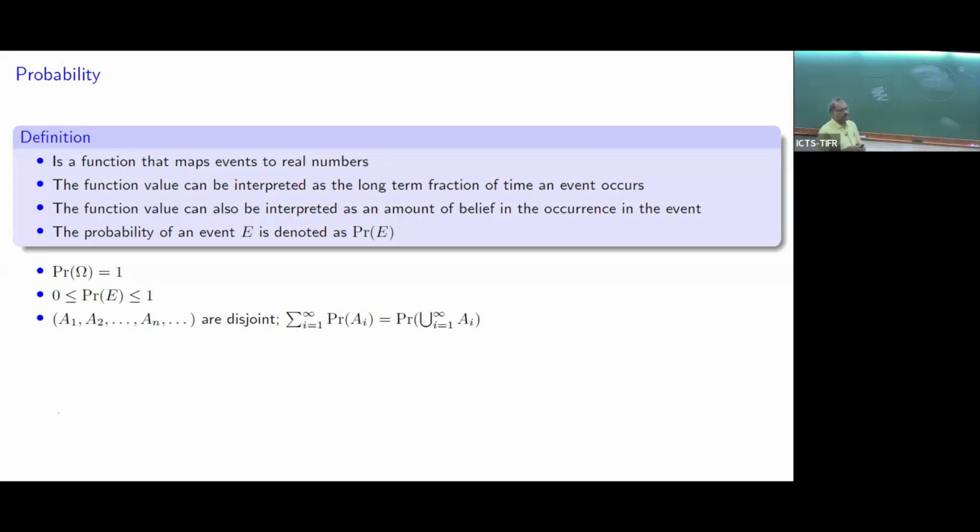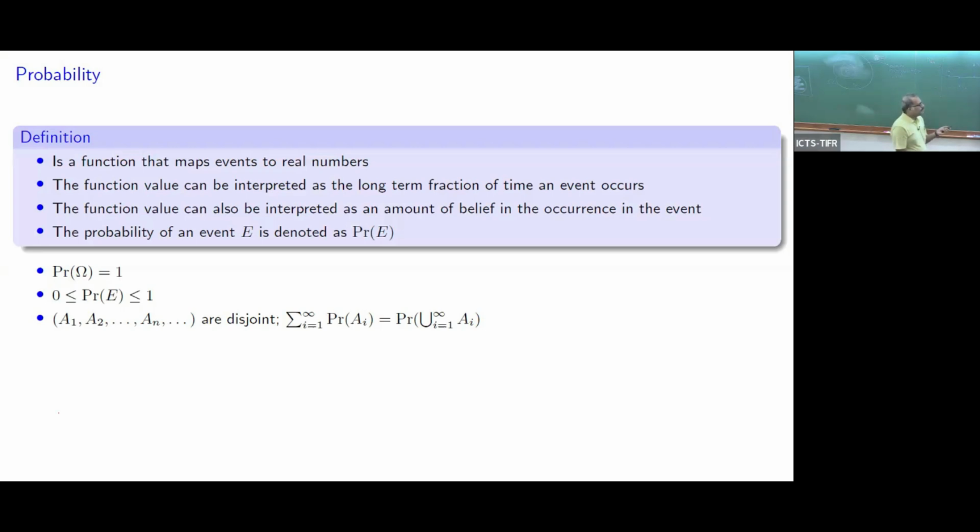So if you are looking at an event defined as the sample space itself, then that event will always happen. It's an always true event, and we are going to take this convention that the probability of that always true event is 1. You can just think of this as a convenient normalization that we are using.